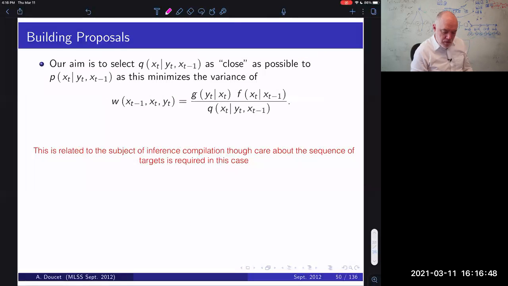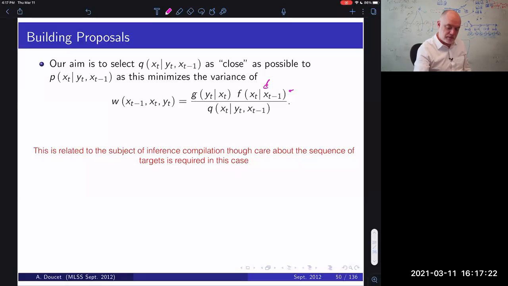So that's basically what I just said. Our aim is to select a proposal of this form that is as close as possible to the posterior distribution, because that minimizes the variance of this quantity, which is exactly what we just talked about, right?